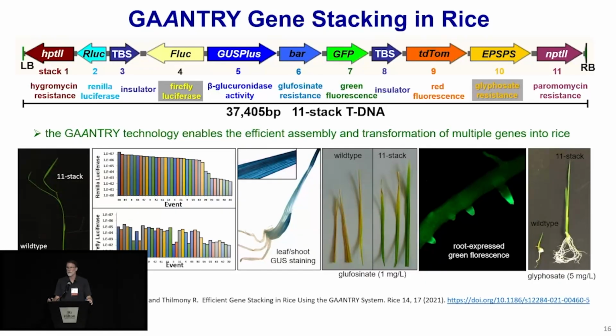And this just shows you some of the phenotypes that we observed. We selected using hygromycin, which is the selection marker near the left border of the 11 stack assembly. But we also looked at Renilla and Firefly luciferase activity, GUS staining, which is expressed only in green tissues, herbicide tolerance, both glyphosate and glufosinate resistance, as well as green fluorescence in roots, primarily the root tips. And that just shows you examples there.